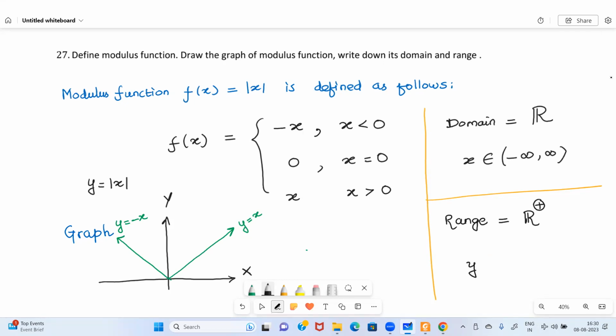Y. So, y belongs to, 0 is included. Yes, the function takes 0 at this point. And it can go up to infinity. Any positive real number it can take. So, the range is going to be set of positive real numbers, or you can say non-negative real numbers. Another way of writing it is closed interval 0, to open interval infinity. Clear, students? Very simple question. Very easily you can score marks.